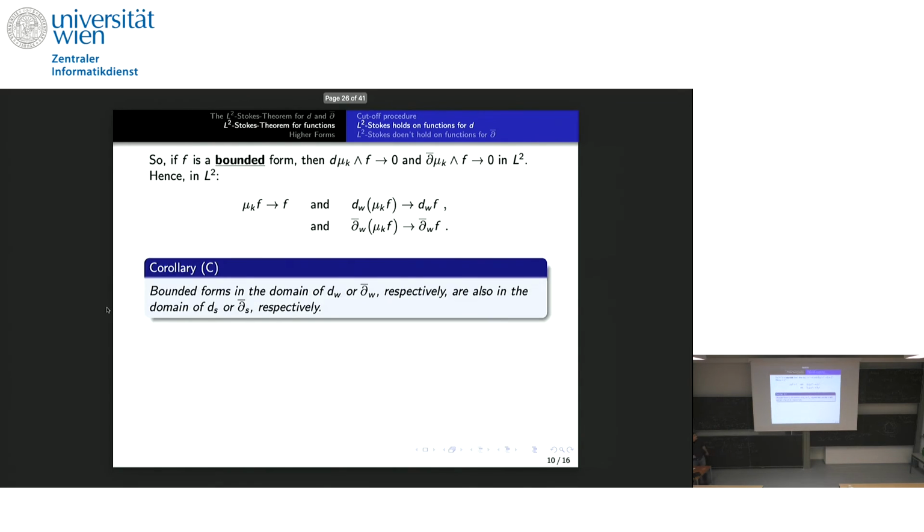This is a problem. The problem disappears if f is not just in L2. If f is bounded, then the problem disappears when this error term goes to 0 in L2, because we have the d bar of the cutoff stuff going to 0 in L2, and this here is bounded, and by Hölder it goes to 0 in L2, and we are fine.